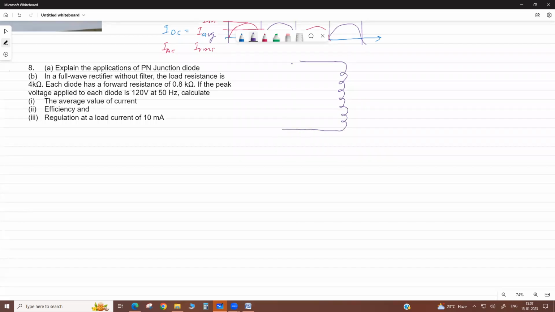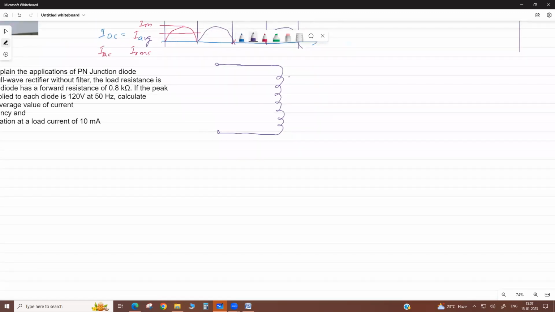This is your transformer initially. Here there is a center tapped secondary we use. Then this diode D1, and diode D2.